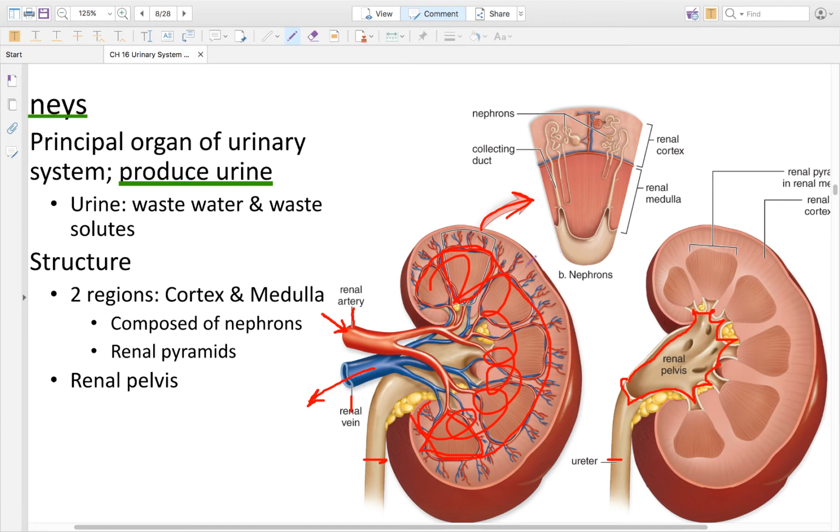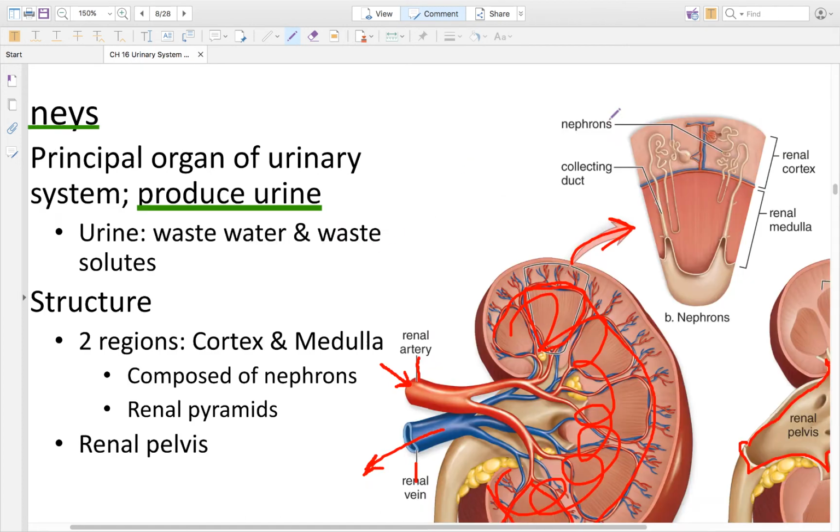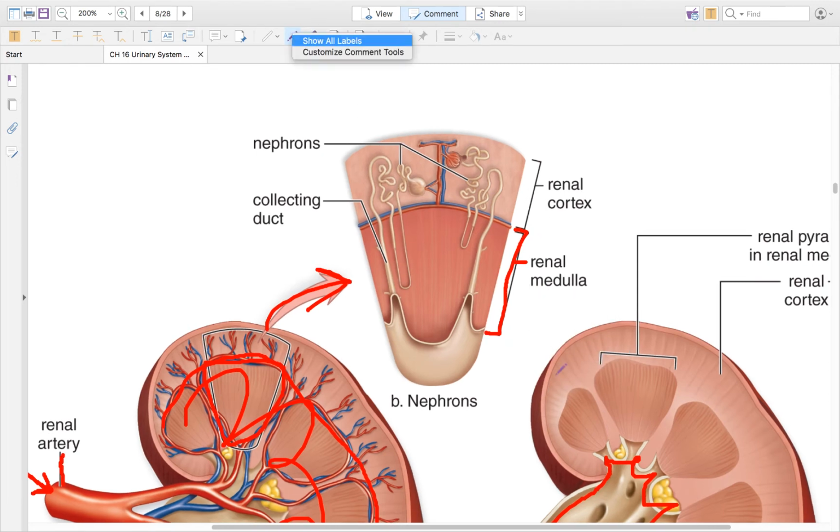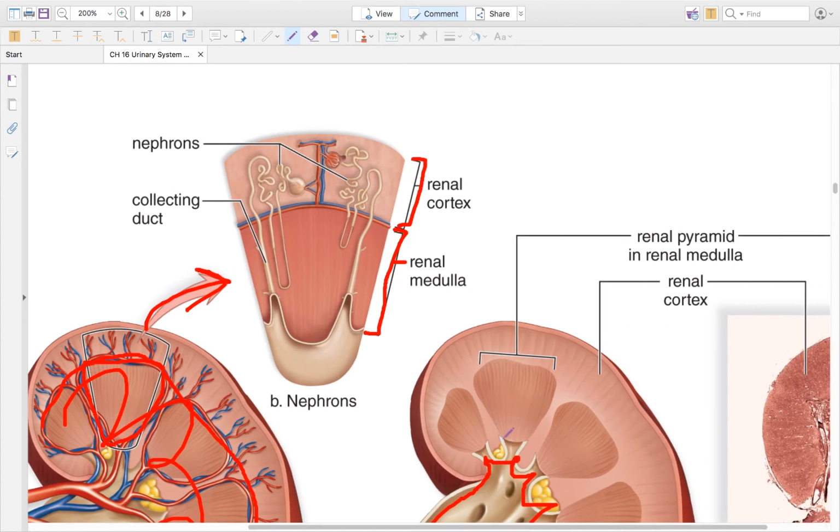It has the pyramid, the renal cortex and medulla. So if we zoom in on that, we can see renal medulla is in the middle. M for middle. And renal cortex is going to be the outer region. And then of course these structures are the renal pyramid. The renal pyramid is inside of the medulla.